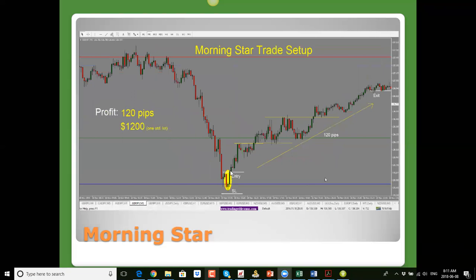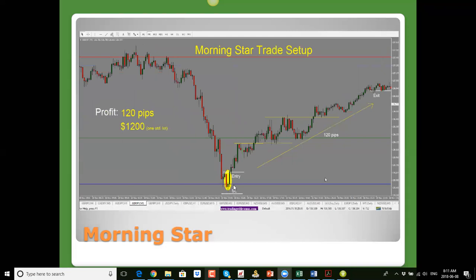Here's another example of a morning star pattern. And Chufu, this is similar to what you were talking about, but it's slightly different because it still closes above the support here. So in this case, price is dropping, comes into the S1 level, and then we have a bearish candle, indecision candle, and a bullish reversal candle. So this is our morning star pattern. In this case, it did break the support here, but then price pulled back.